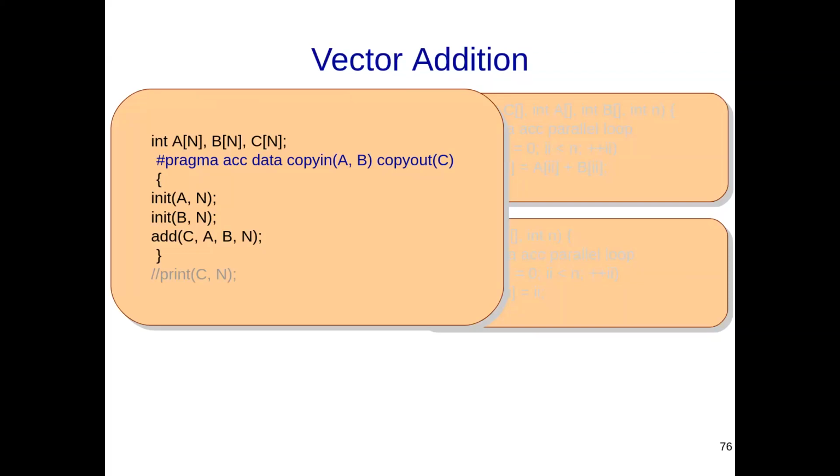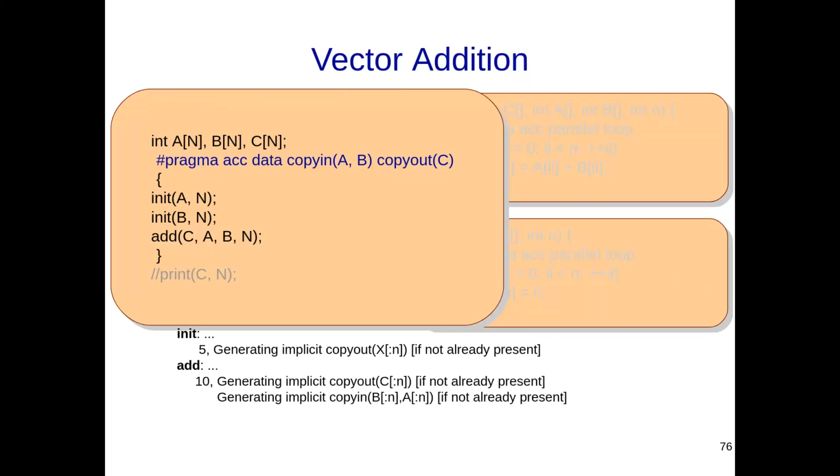There was something else I wanted to convey here. Okay, I think that point will anyway come. So if I look now, after specifying these copy in and copy out clauses, what does the compiler say? The compiler says that it is generating implicit copy out for init and add, but now it is going to say something about main also.